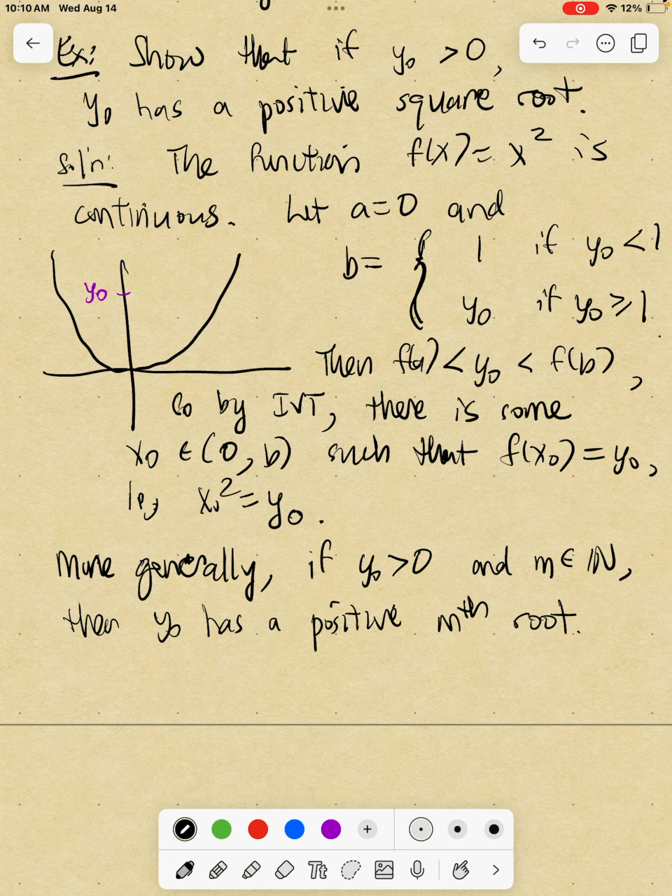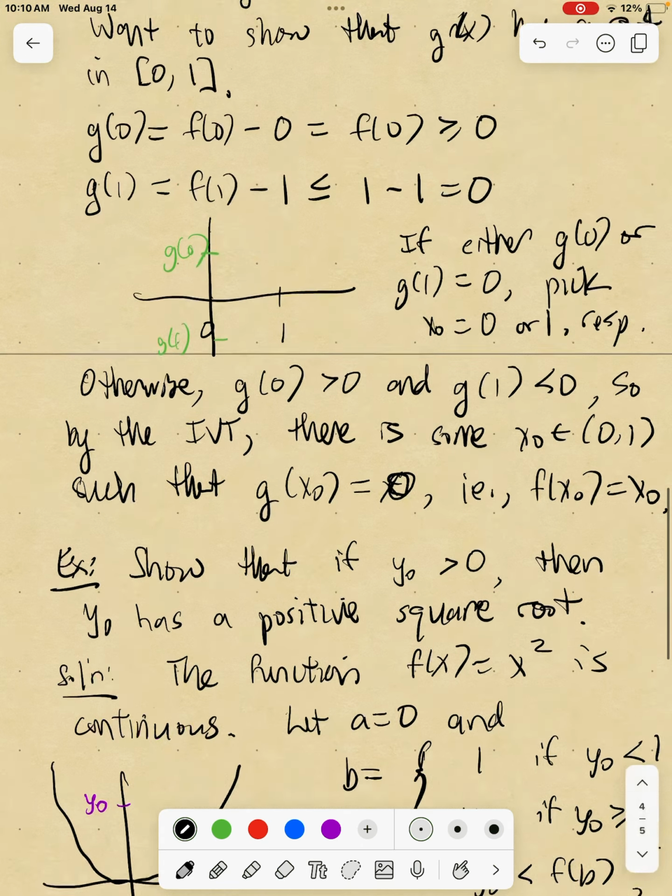And the proof is similar to what we just did. You just have to figure out how to modify it. All right. So that's the intermediate value theorem.